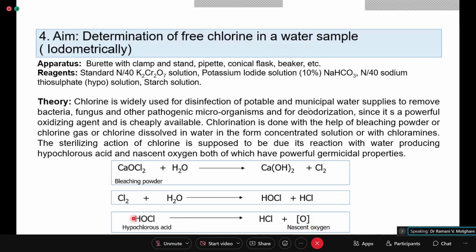This nascent oxygen will oxidize the biological material, and the oxidation product may be CO2 or whatever it is. This oxidation due to the nascent oxygen will kill the germs. Okay.